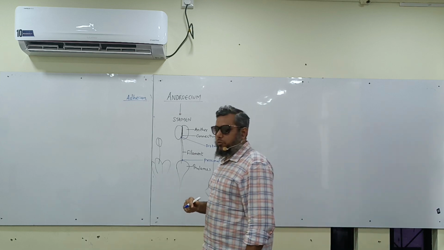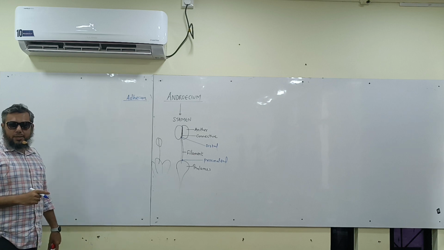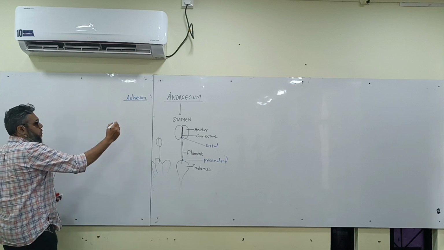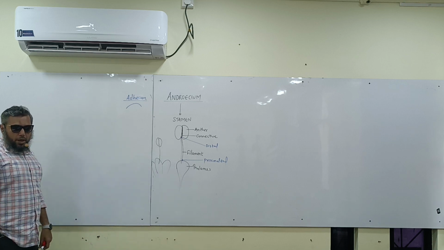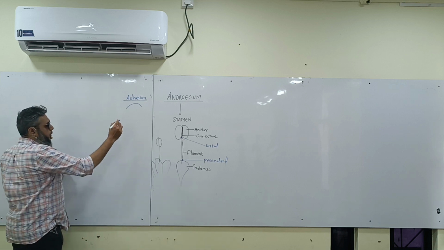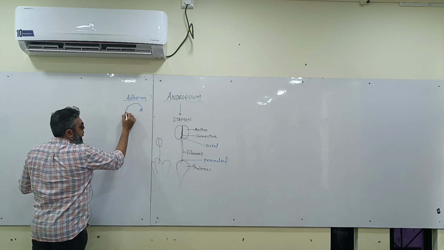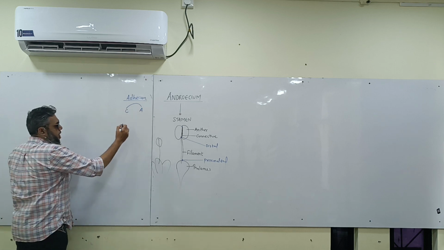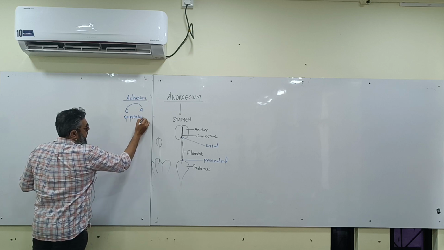Here I am talking about a fusion with some other whorl, called adhesion, shown by an arched line. In this case, the fusion is between androecium and the corolla. This condition is called epipetalous condition.